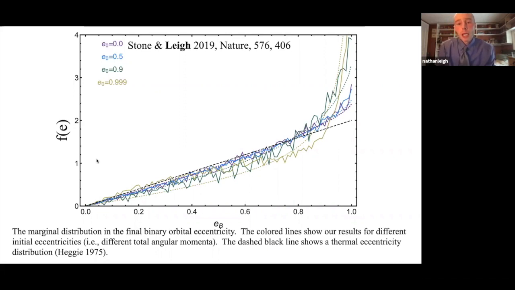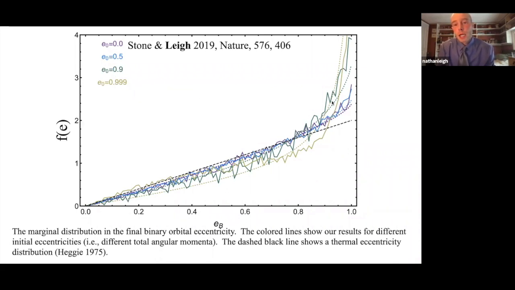First of all, the black dashed line shows the classic Heggie result, which assumes steady state balance between binary creation and destruction. And this is just a thermal eccentricity distribution. I'll highlight the green and the yellow curves, which correspond to the very low angular momentum limit.